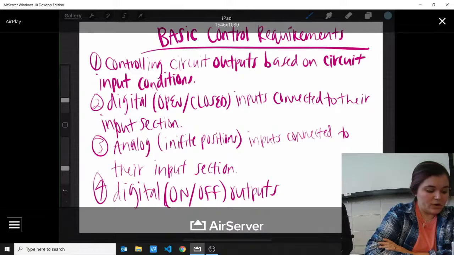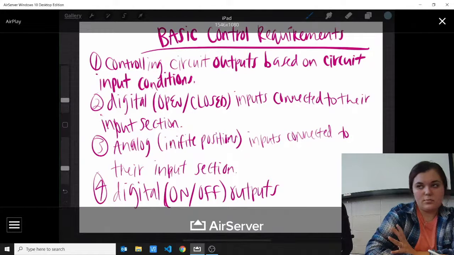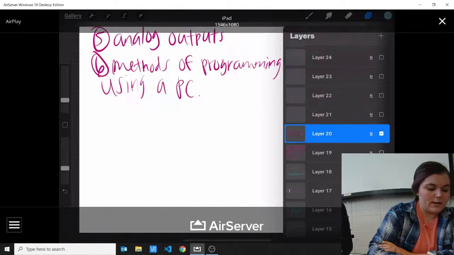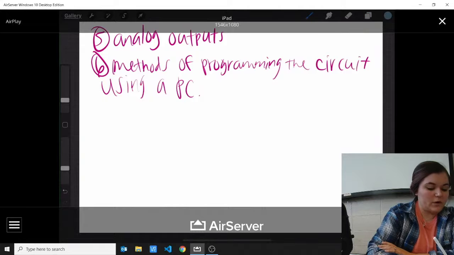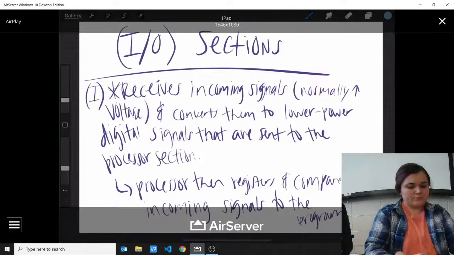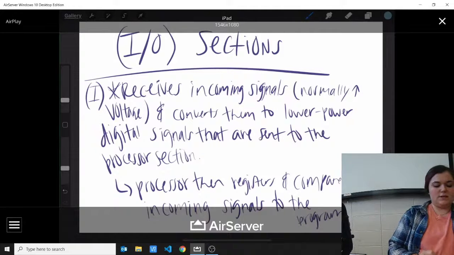So that would be controlling circuit outputs based on circuit input conditions, digital inputs connected to their input section, analog inputs connected to their input section, digital on and off inputs, analog outputs, methods of programming the circuit using a PLC. So this is what we really wanted to touch on this week, was just like the analog side of stuff.